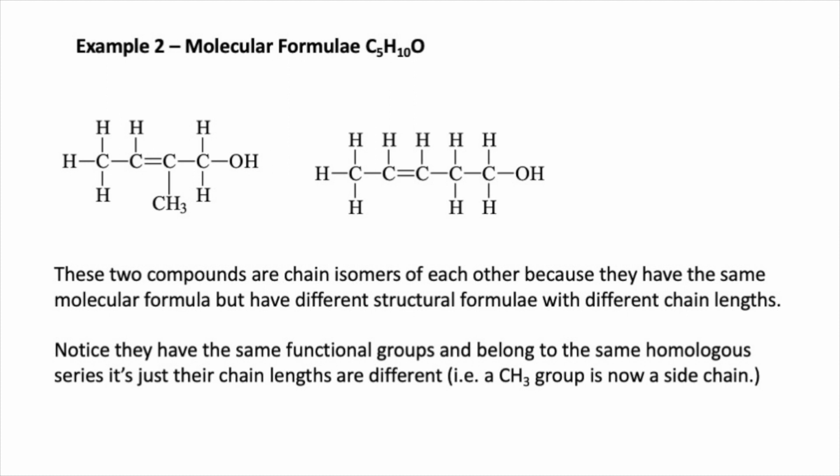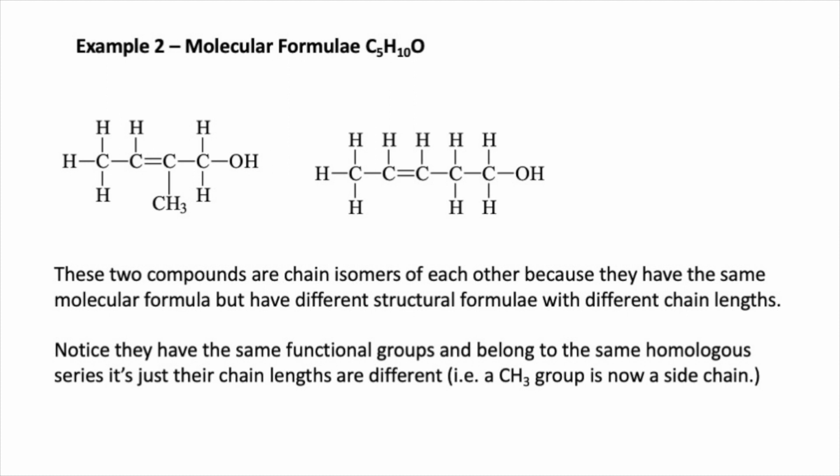The first compound has 4 carbons in its longest chain, and a CH3 group is a subchain. The compound on the right has 5 carbons in its longest chain. There are no side chains. The CH3 group is not attached as a side chain here.